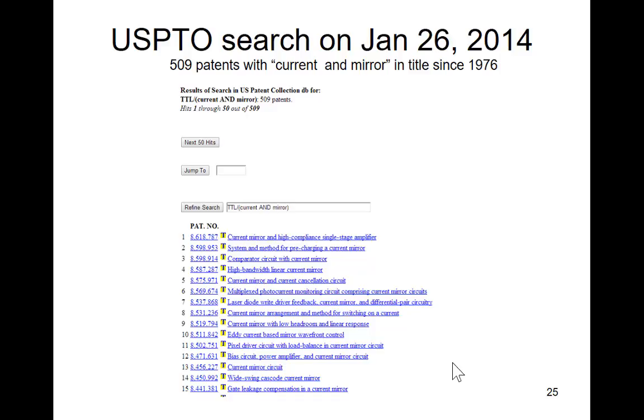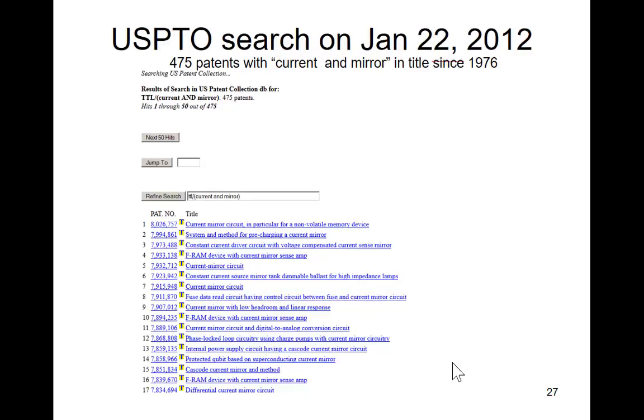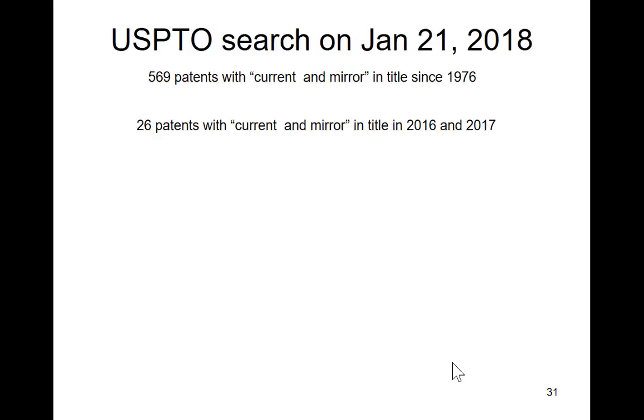I did this 4 years ago, and there were 509 at that time using the same search. And I did it 2 years before that, and there was 475. So what can we conclude? There were 26 patents with current mirror in the title in 2016 and 2017.